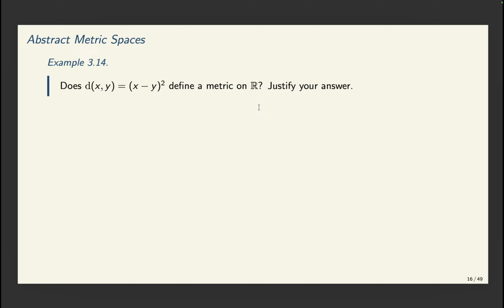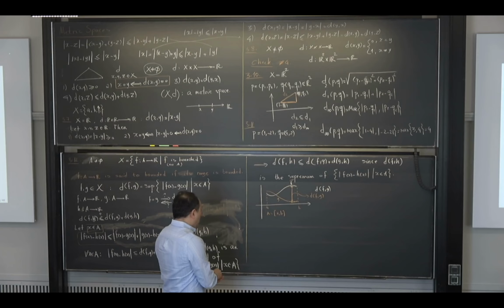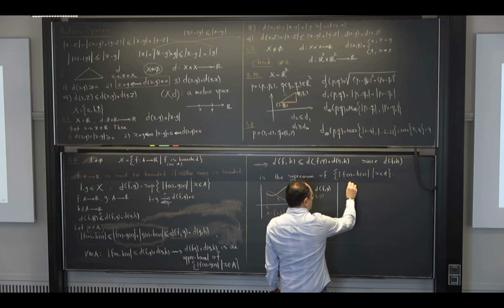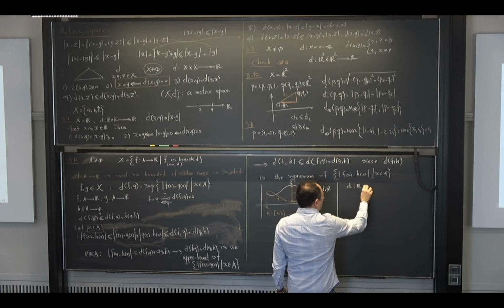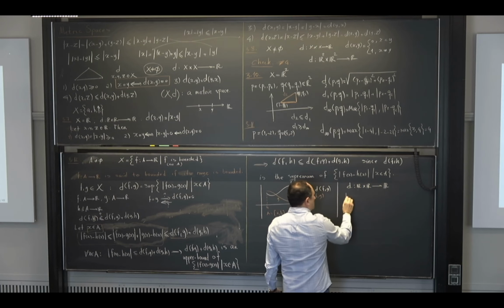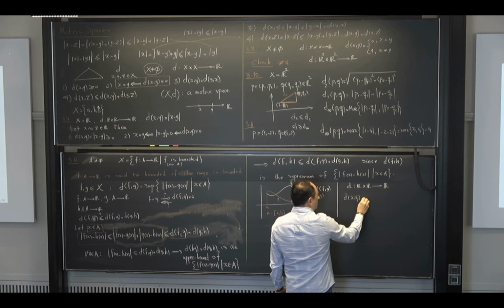So far we have given metric functions, but this is the first time that I have defined a plausible function which seems to be a metric, but indeed it is not a metric. Okay, so I have given you this function, d from R times R to R in this way. Do you think it's a metric?